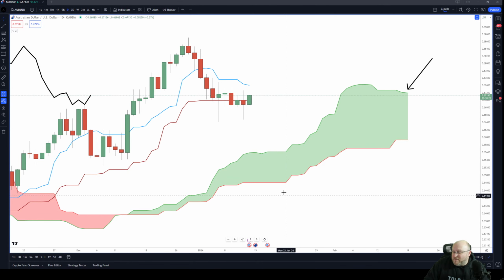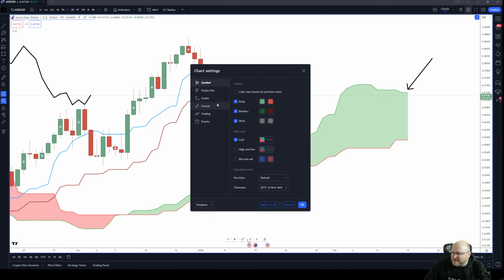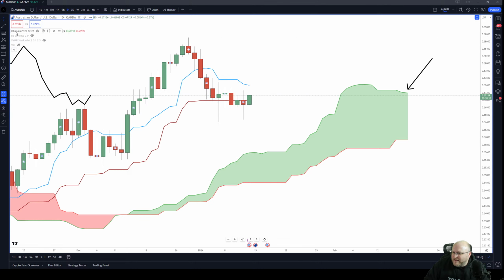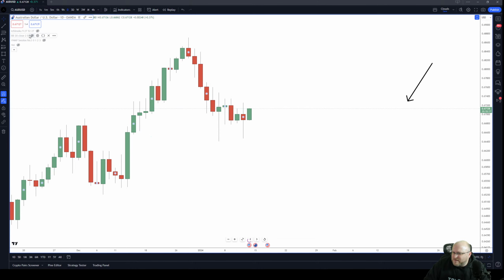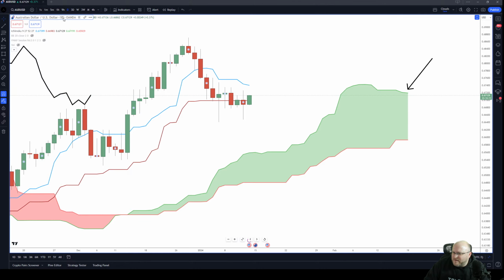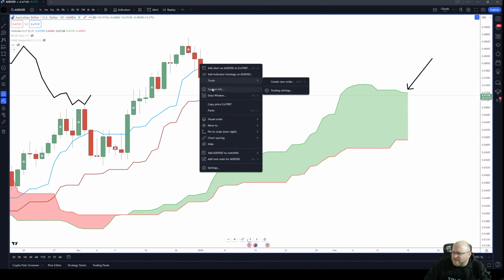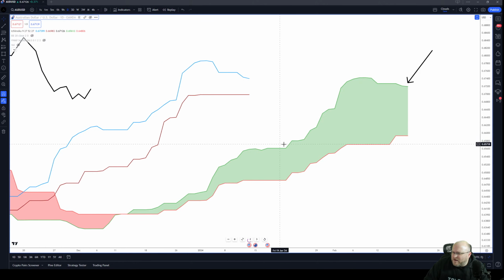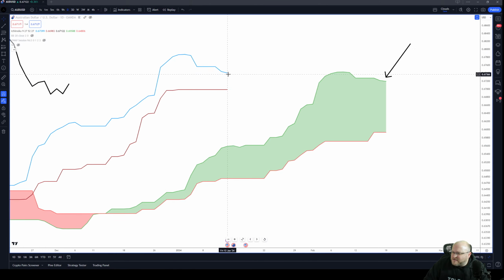That is the midpoint. Let me just hide the candlesticks now to make this a little easier to see. Oh, that's not what I wanted to do. Okay. So here's the blue line, the Tenkan-sen, or the conversion line.